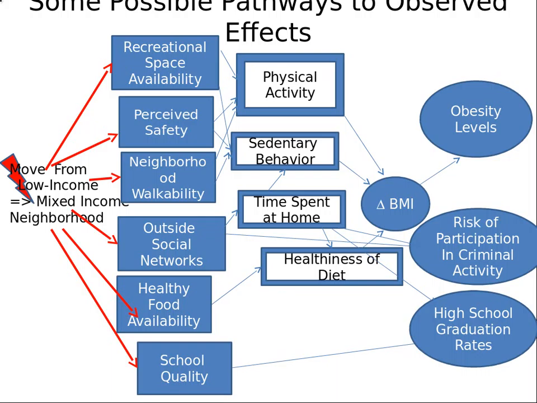Specifically, it was noted that for teenage girls, relocation to housing projects in mixed income neighborhoods or availability of higher quality housing conferred lower obesity rates, lower risk of participation in criminal activity, so lower incarceration rates and arrest rates, and improved rates of high school graduation.